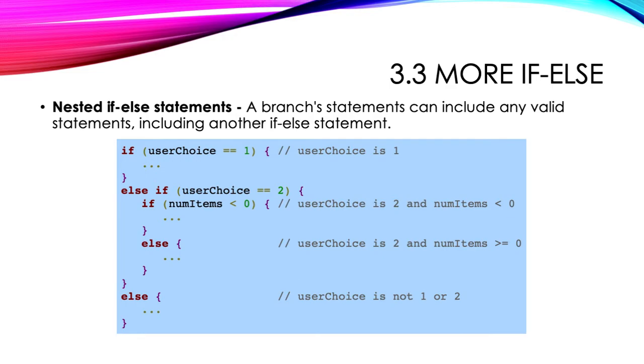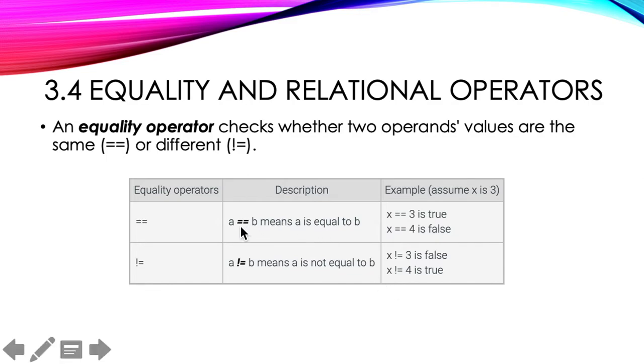3.4, equality and relational operators. We covered that. This is to check the condition, the expression, for example. So in this case, A equal to B means, let's say X is 3, and in this case 3 here, you put 3, it is true. So they give you a boolean 1. If you put X is 4, it is false.